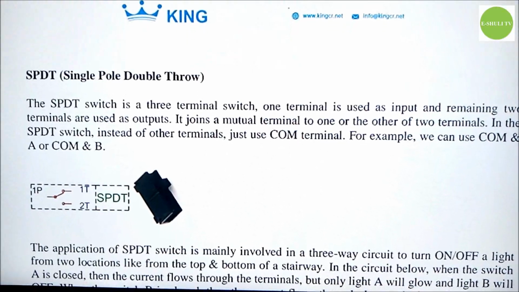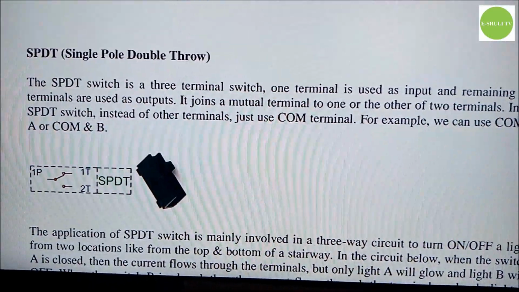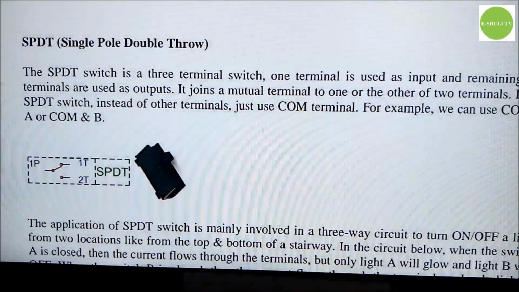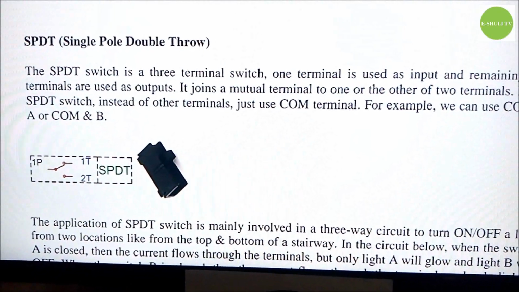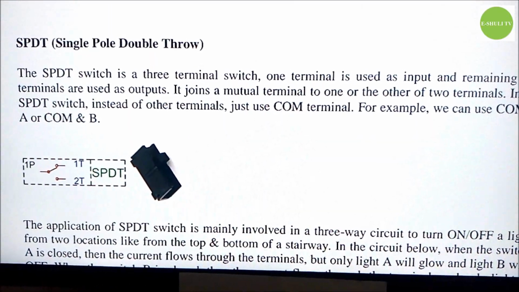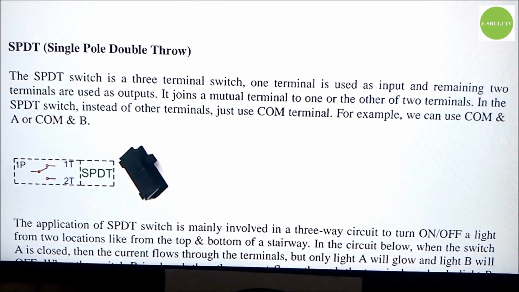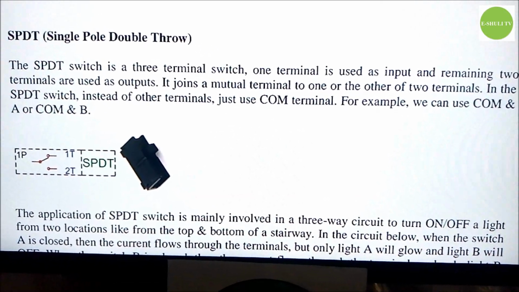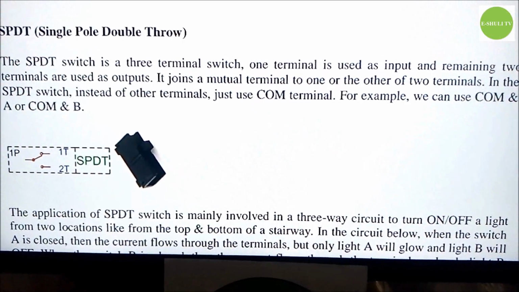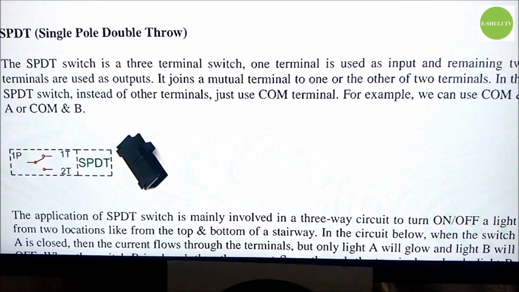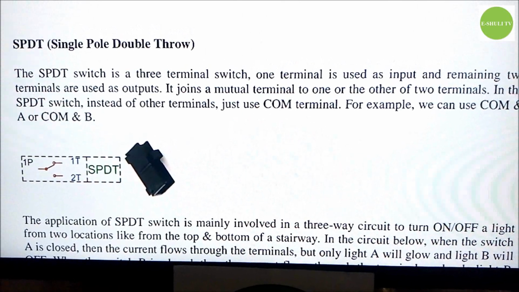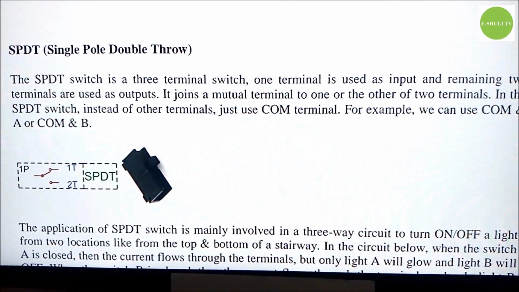It joins a manual terminal to one or the other of 2 terminals. The single pole double through switch, instead of other terminals, just uses a common terminal. For example, we use common end A and B.